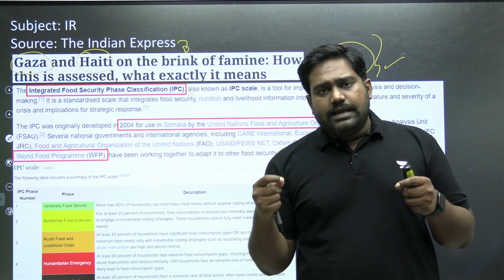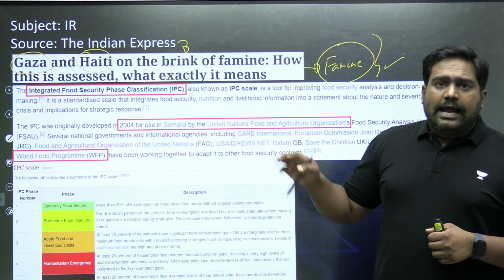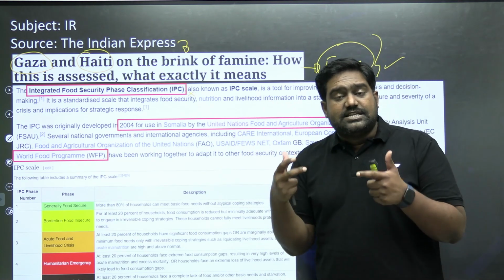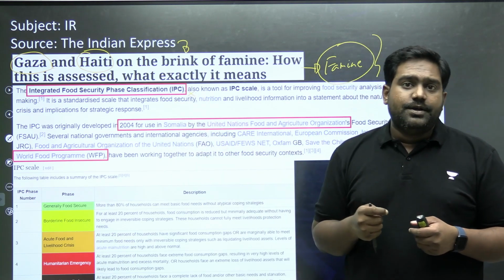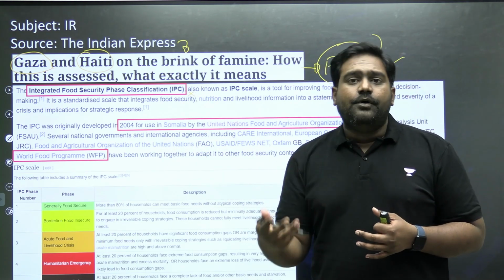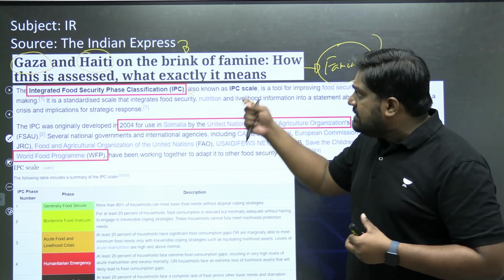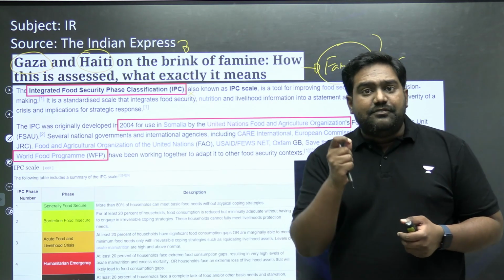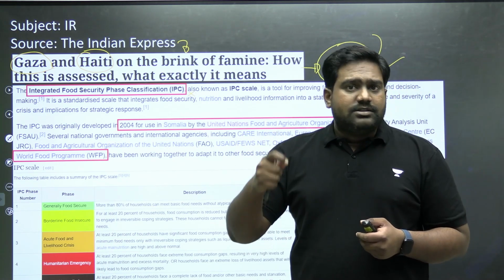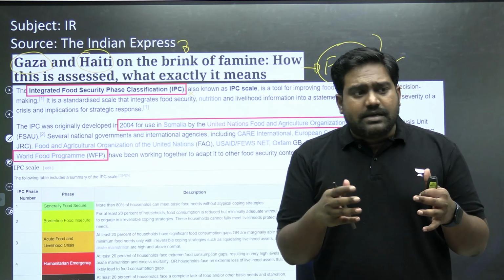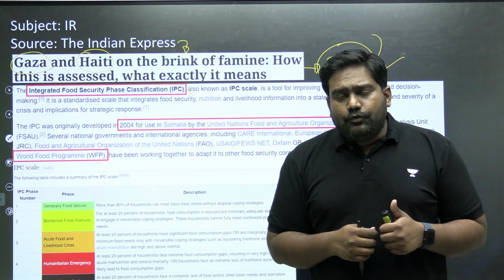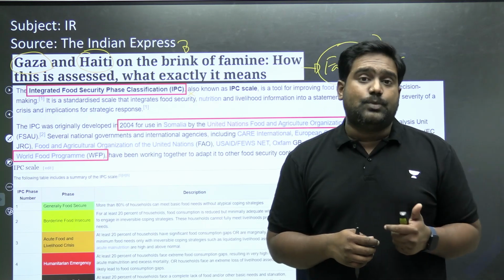These conflicts and events have disrupted food supplies for civilians, and civilians who are trapped in these conflict zones are suffering from lack of food security and are staring at a devastating famine which might kill thousands or maybe lakhs of people.